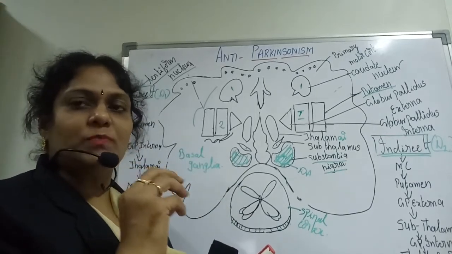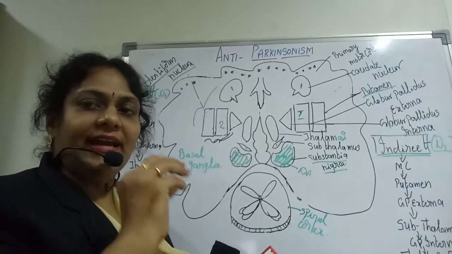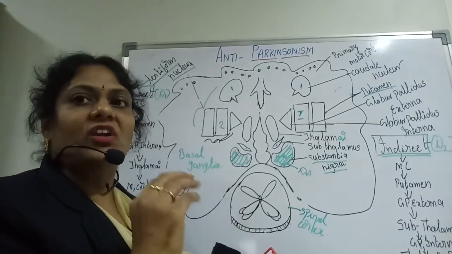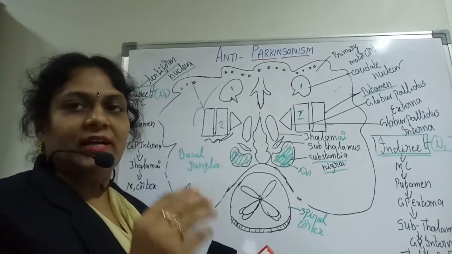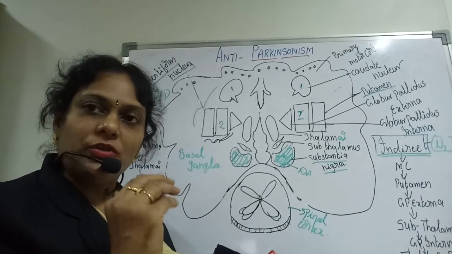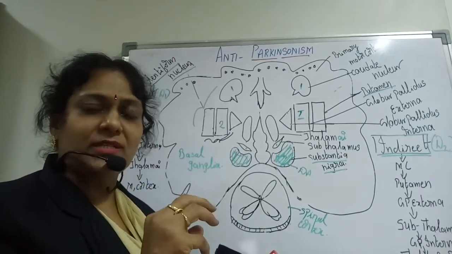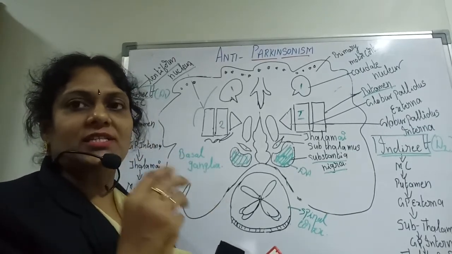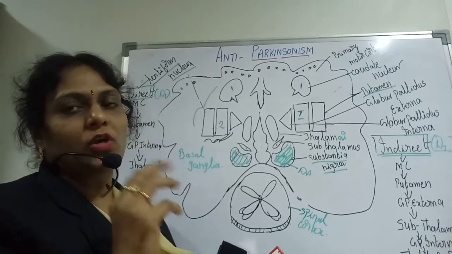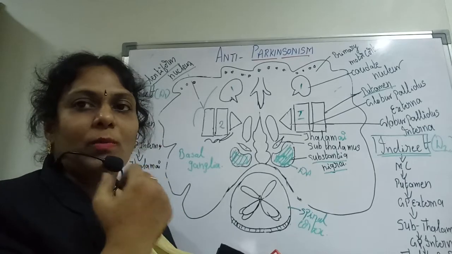So the triceps muscles are always in the excitation stage, and the biceps muscles are always in the inhibition stage. That means the excitation is done by glutamate neurotransmitter for the triceps muscles, and the inhibition is done by GABA neurotransmitter of GABAergic neurons. So two types of movements can be seen.